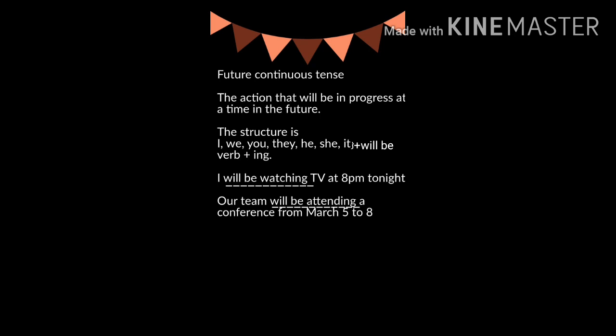Here, will be watching denotes something which is going to happen in future. Next example, our team will be attending a conference from March 5 to 8. Here, will be attending is the future continuous form. March 5 to 8 is a period of time.